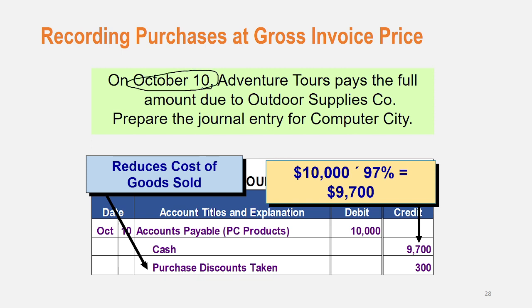So again, because we pay in the discount period and in the gross invoice method we do not consider any discounts, and we record the total amount before any discounts, some mismatch takes place again.